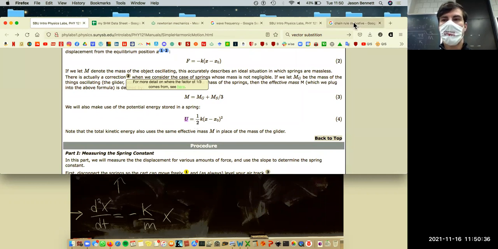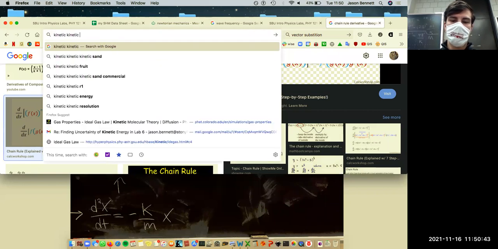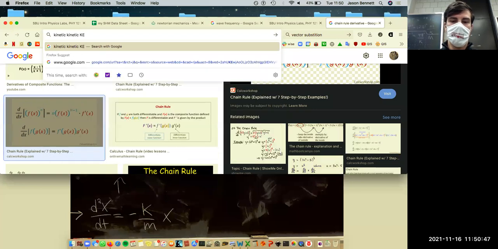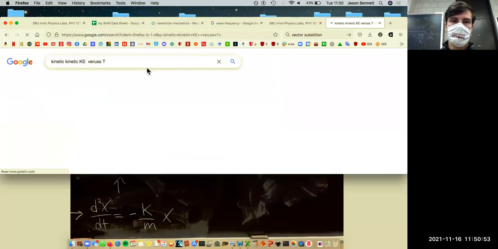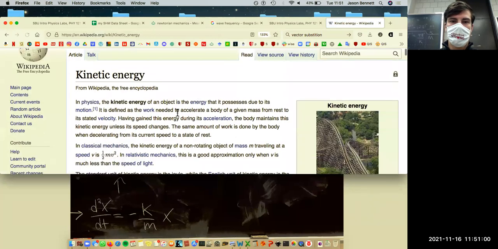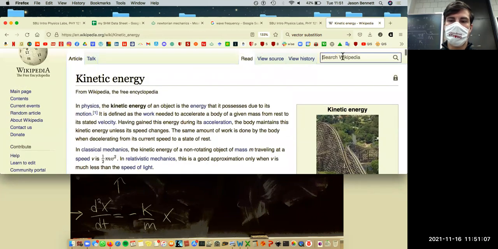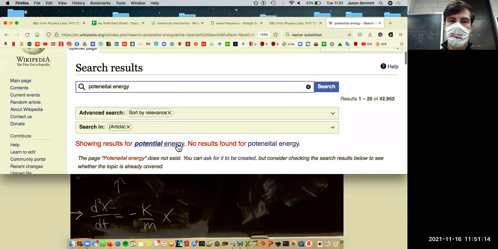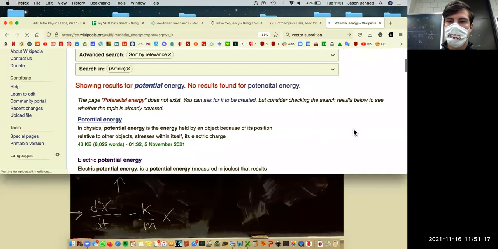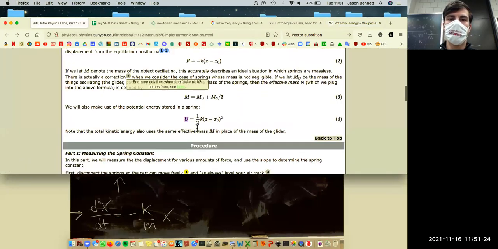Other symbols people use for kinetic energy: in previous labs we were looking at KE, other people use T. Common symbols are KE or T, and then potential energy is U or PE, sometimes V. So V, U, or PE, if you see any of those in your test, those are all potential energies.